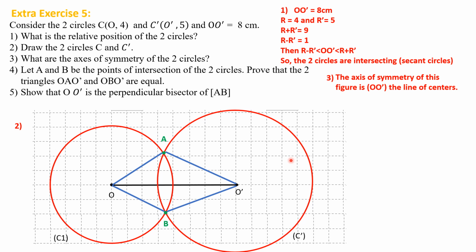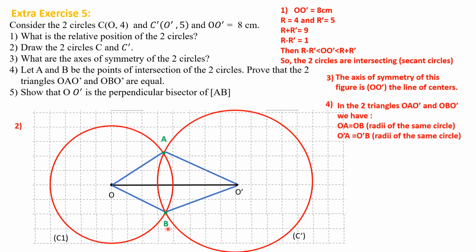To prove two triangles are equal, we use side side side or angle side angle. As you can see here, OA is equal to OB, radii of the same circle. O prime A is equal to O prime B, also radii of the same circle. And we already have OO prime as a common side. Then these two triangles are equal by side, side, side.